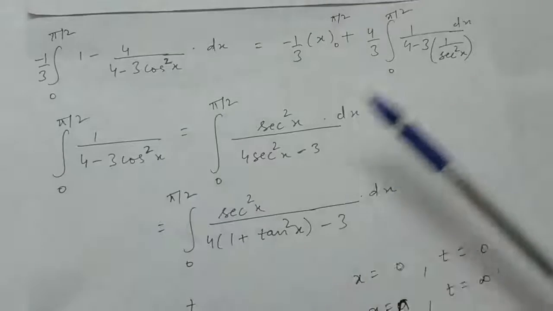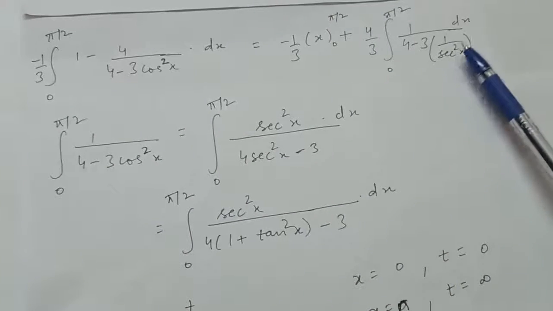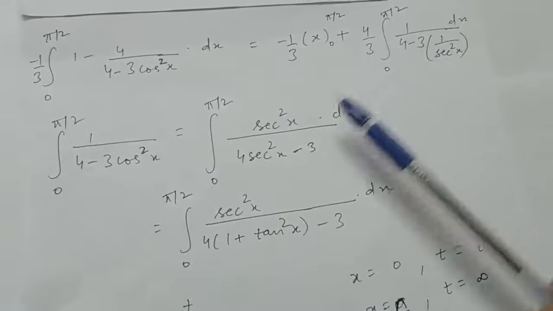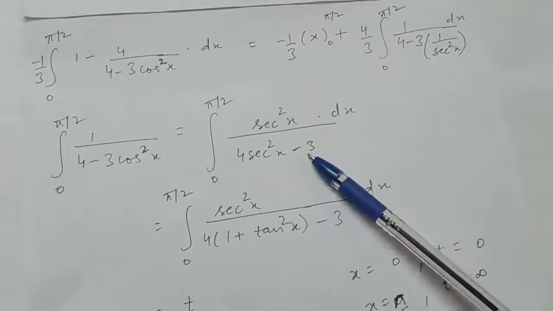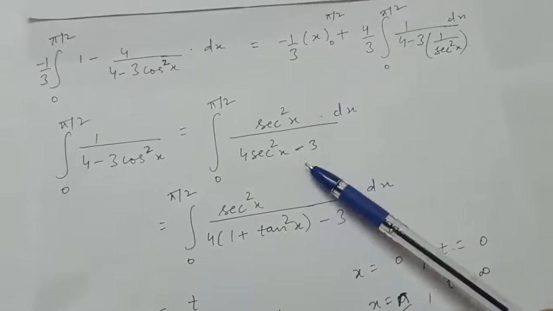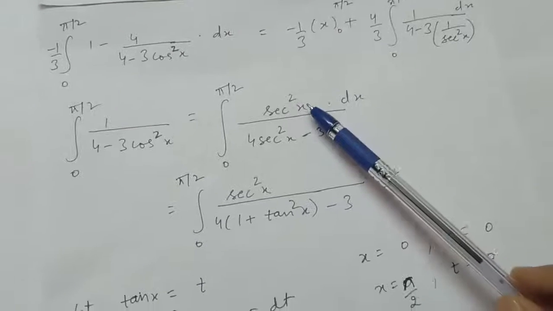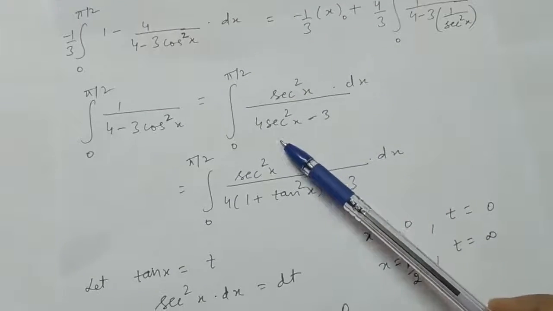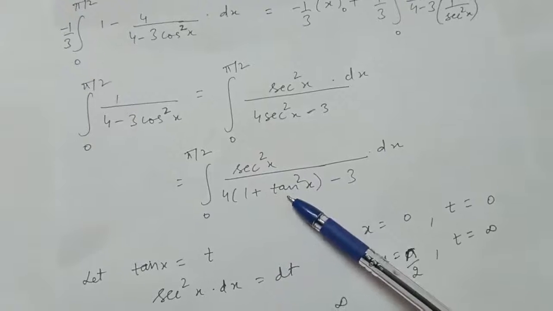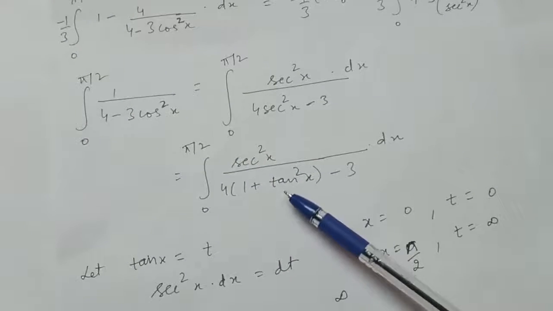Write this cos square x as 1 upon secant square x. Now take the LCM. This will be 4 secant square x minus 3 upon secant square x, and that secant square x will go in the numerator. Right? Now in place of this secant square x, write down 1 plus tan square x. Why are we doing this?